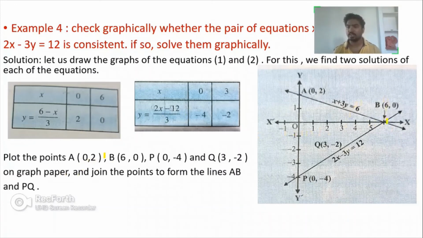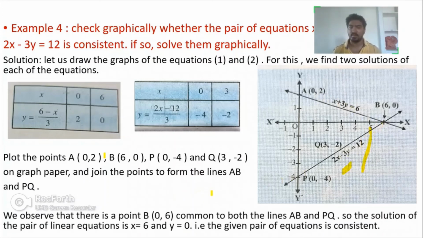Here the points A 0, 2 and B 6, 0 represent the line x plus 3y is equal to 6, and the points P 0, minus 4 and Q 3, minus 2 represent the line 2x minus 3y is equal to 12. We can clearly see that these two lines intersect at 6, 0. So 6, 0 is considered the common point for both the lines AB and PQ.